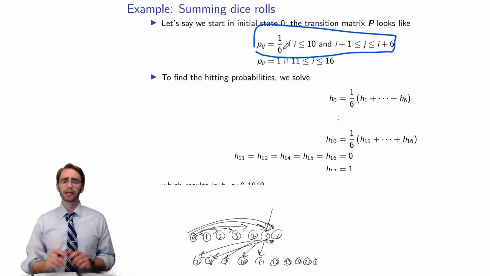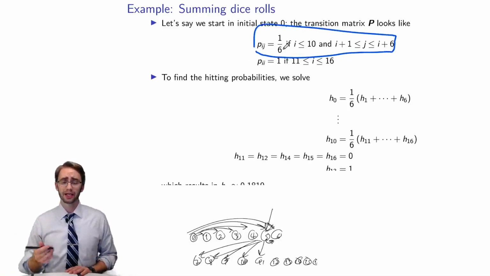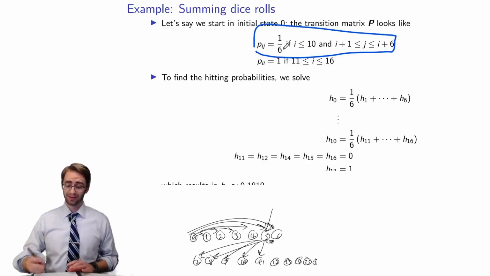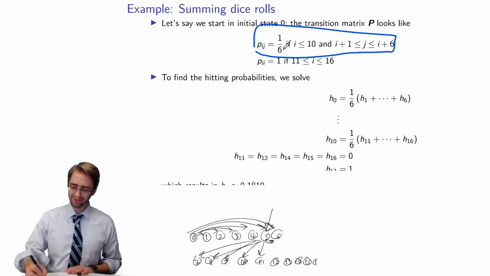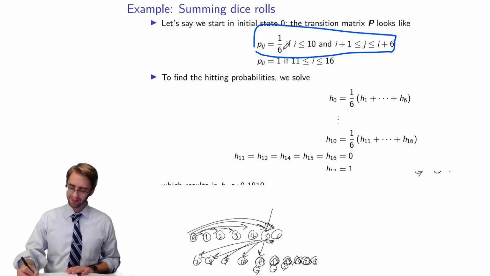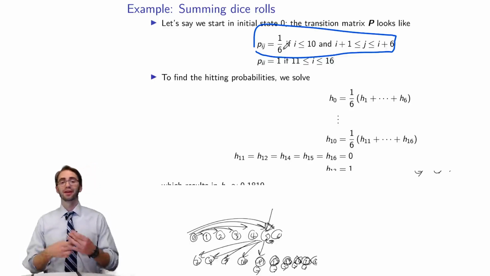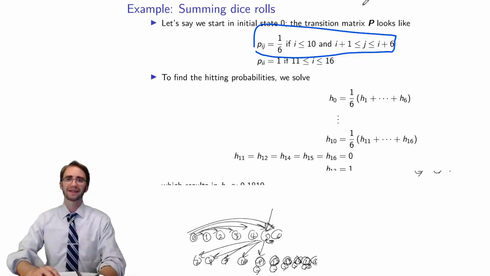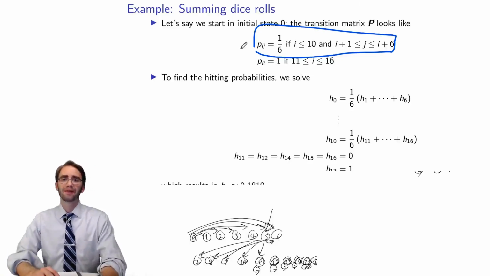Okay, but once you exceed 10, the game stops. And so that means that states 11, 12, 13, 14, 15, and 16 all just have a self-transition like that. They're absorbing, and they stay in that state. Okay, so I've written out my transition probabilities.